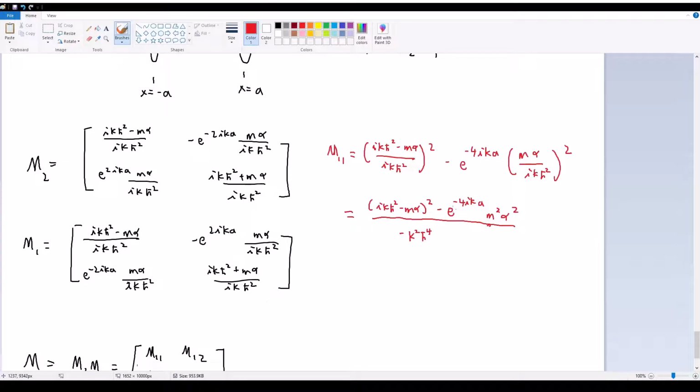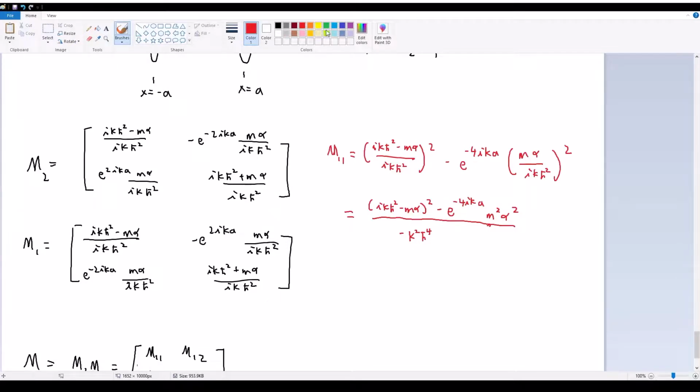And then at this point, is there any way that we can simplify this a little bit more? Not really. So at this point, this is our M11.